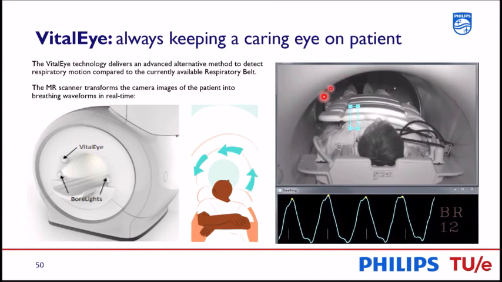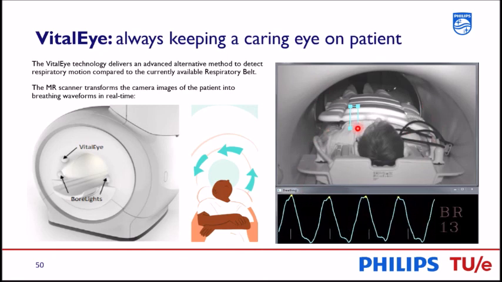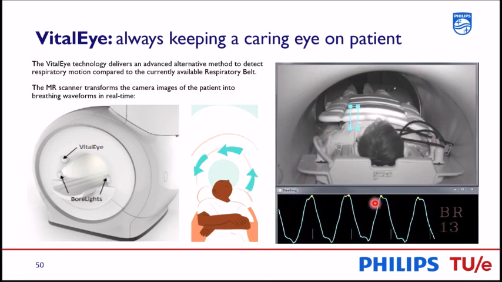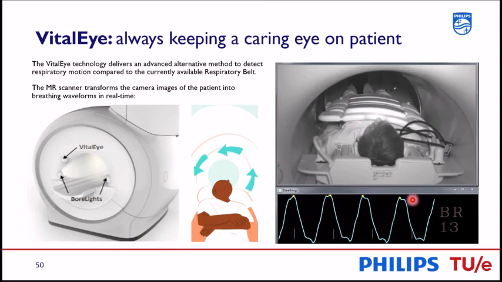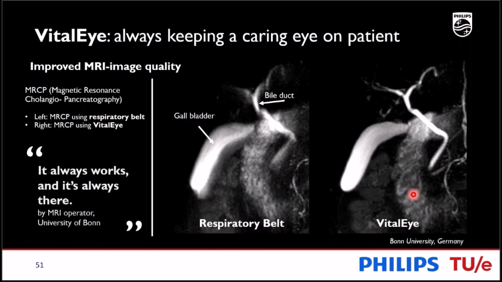The VitalEye has this angle, and it extracts the respiratory signal from the chest area, for example, detects the peaks and uses the peaks to trigger the MR scanning. Now here is an example of the imaging quality using the VitalEye. This is obtained by using the respiratory belt, and this is by the camera. You can see in the comparison that the motion artifacts or motion blur have been reduced by using the camera.